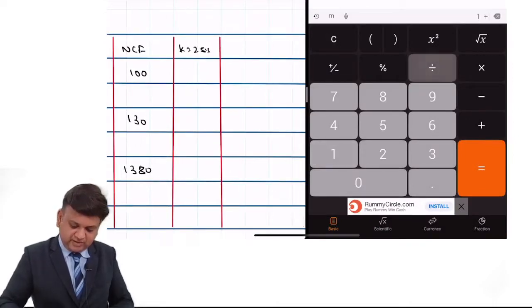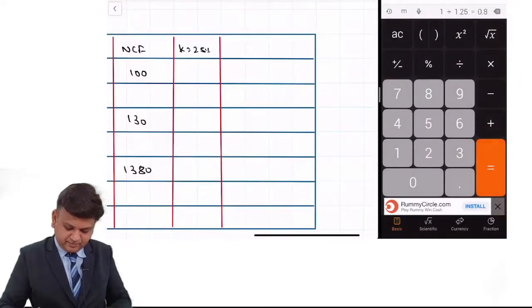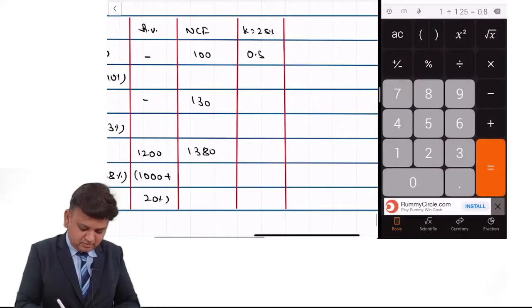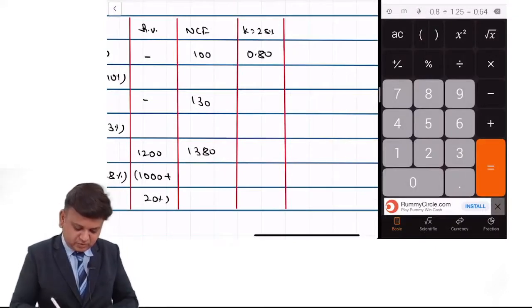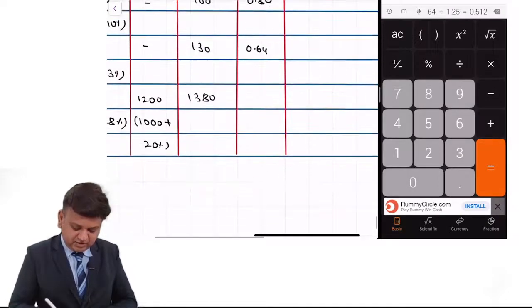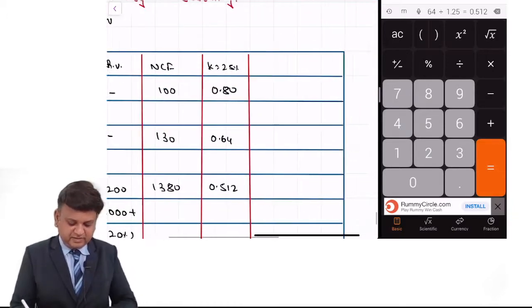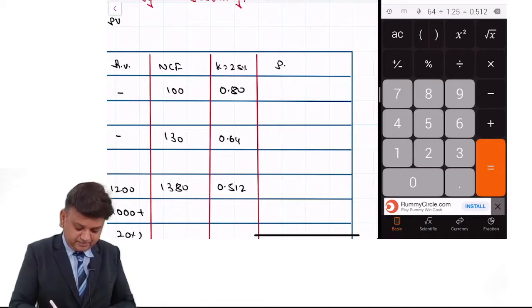So it is 1 divided by 1.25. You get the first year factor as 80 paise. Second year factor is 0.64. Third year factor is 0.51. Now whatever cash flow that we compute is discounted in present value terms.